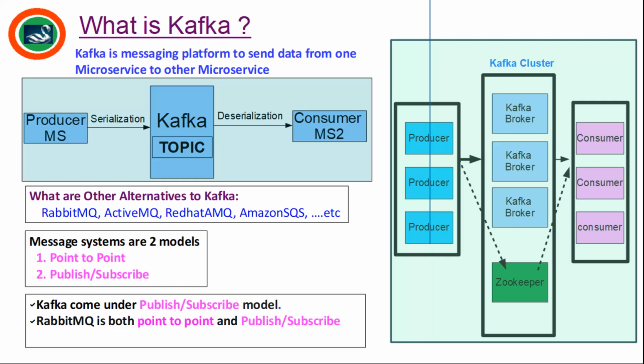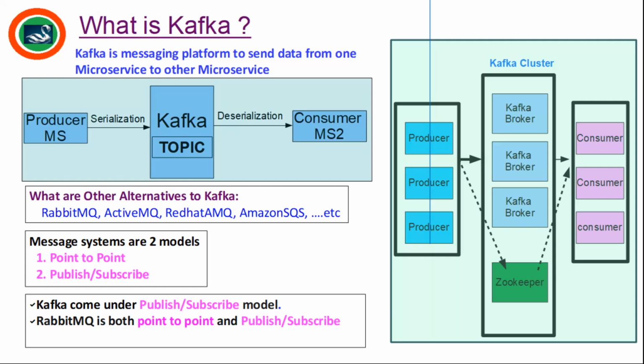Point to point is similar to a queue, where one is connected to one, and when the data reaches the consumer, the data is removed from that queue. Whereas the publish subscribe model is useful for multiple consumers.